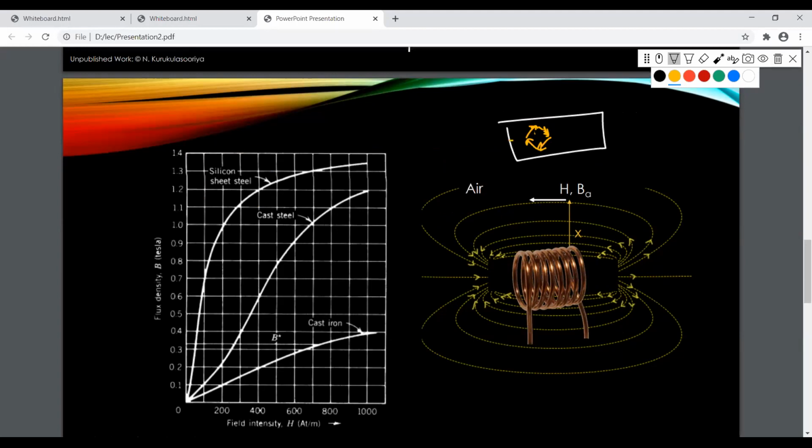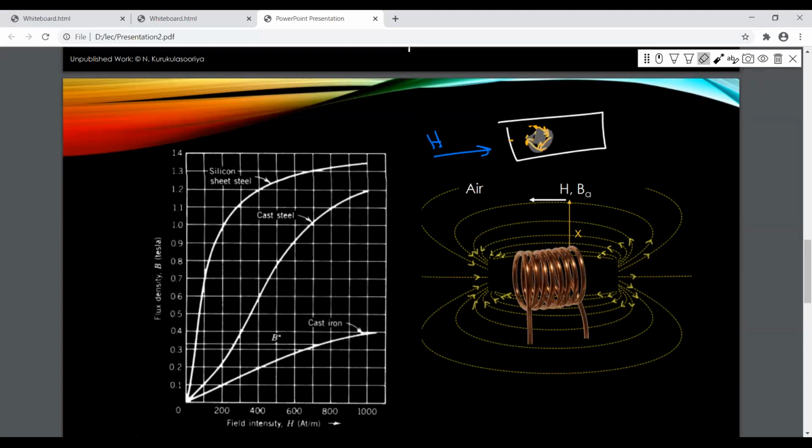Then once you apply a magnetic field intensity externally, which is what this coil is doing to this piece of silicon sheet steel, because of this external magnetic field intensity, or magnetizing force, we use both those terms, these domains are going to arrange in the direction of this external field.